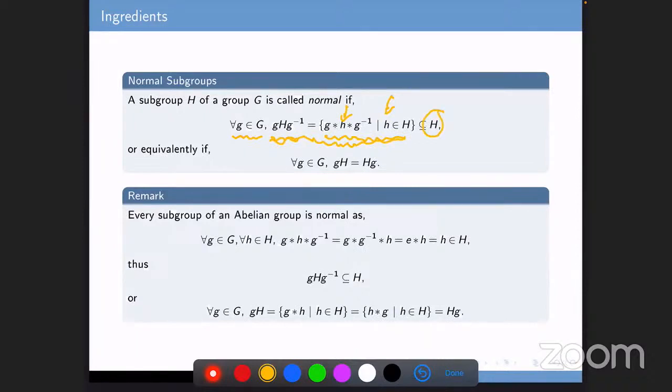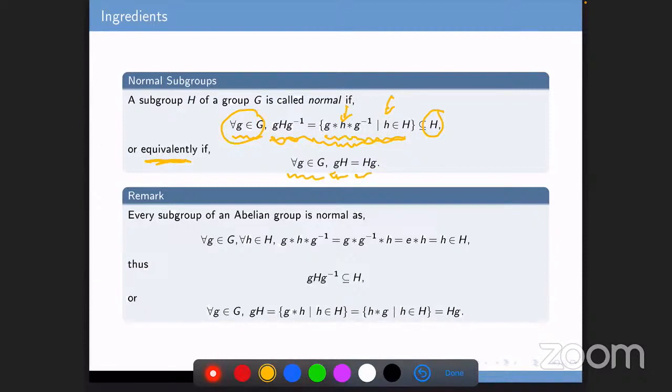If this is satisfied for every element in G, then we call this subgroup a normal subgroup. Or again, we have the equivalent condition: for every element g in G, the left coset formed by this g and the right coset should be equal. If one of these is satisfied, we can call this subgroup a normal subgroup.